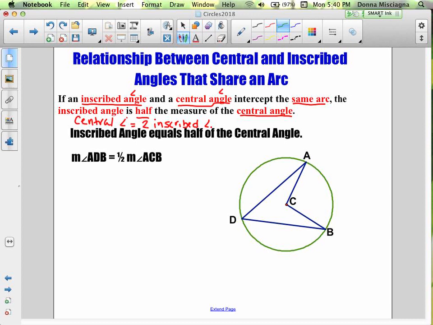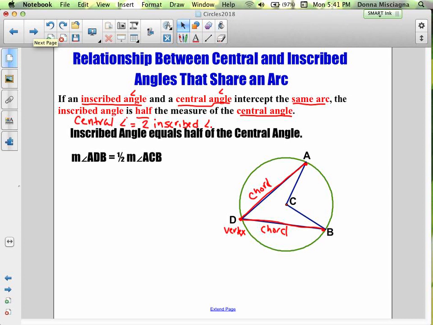We have an inscribed angle, which is angle ADB. We know it's an inscribed angle because the vertex is on the circle. The sides are formed by chords and the endpoints of the angle are on the circle.